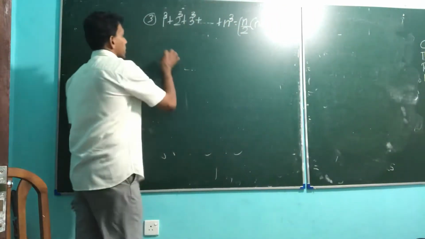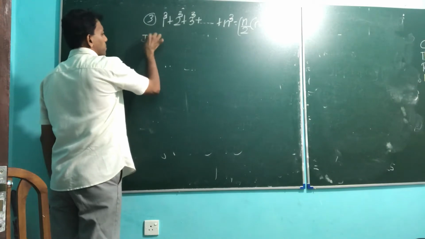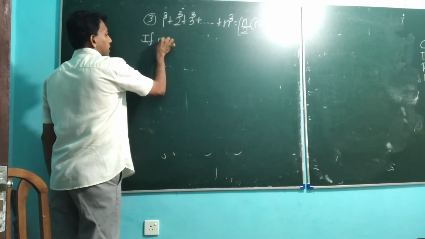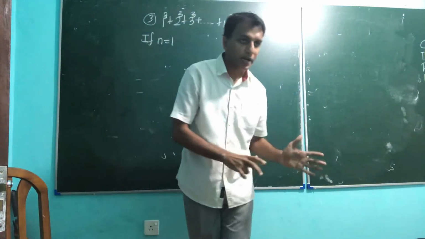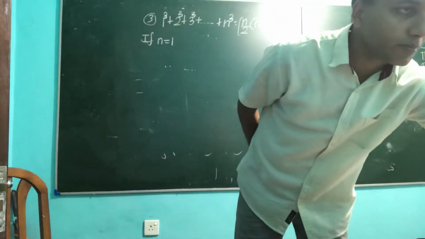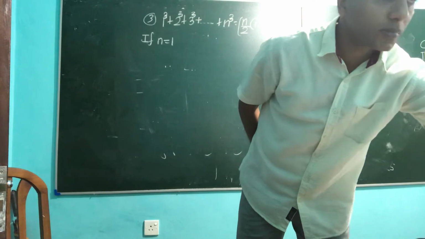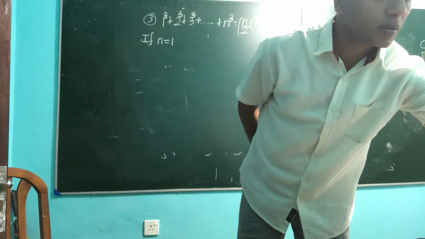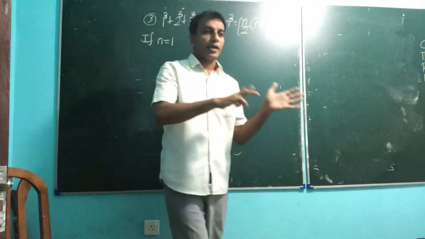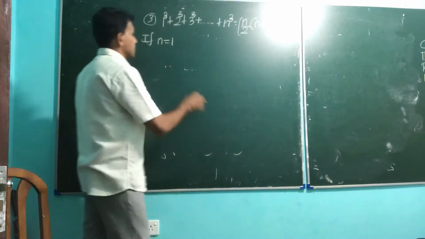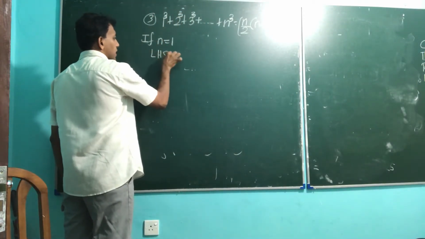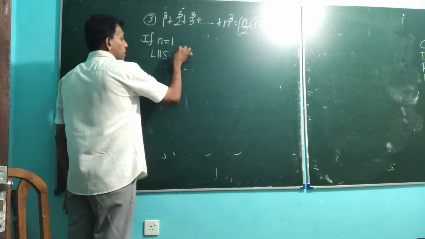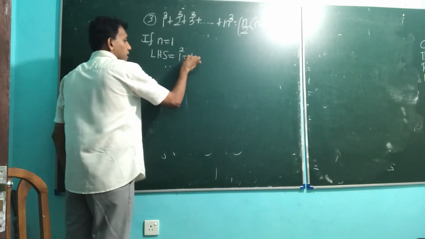So first point, if n equal 1, show left hand side, right hand side, left hand side equal to right hand side. If n equal 1, left hand side, what is that? First number 1 square, that is 1, right?